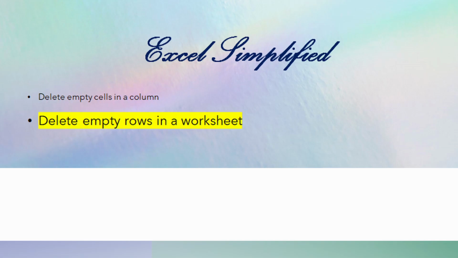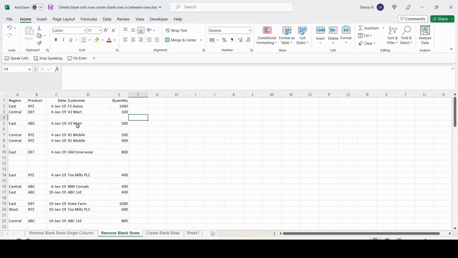Now let us see how to delete empty rows from a worksheet. In this Excel, you can see the data is spread across multiple columns, and you can also see empty rows in between the data.